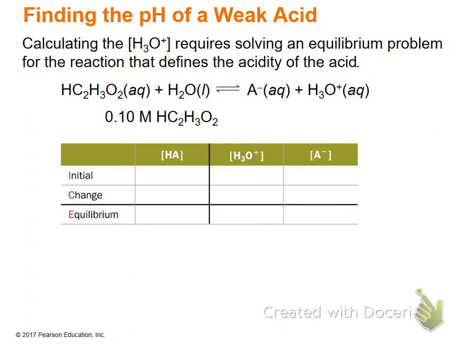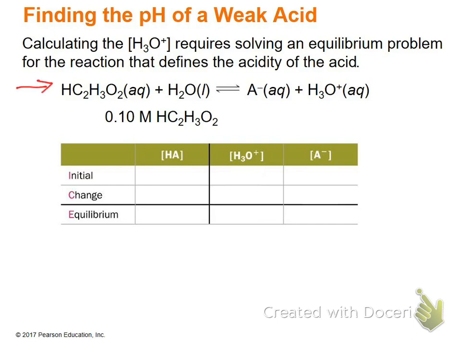So the first thing you want to do, if you're given the concentration of the acid, for example 0.10 molar of acetic acid, HC2H3O2, is write the reaction equation. When you're writing the reaction equation, you're always reacting that acid with water, H2O, as you can see here.